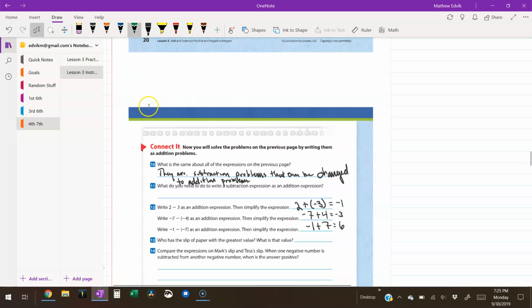Okay, and what do you need to do to write a subtraction expression as an addition expression? And those should still be up at the front of the board, those steps. Step 1, the first number stays the same.